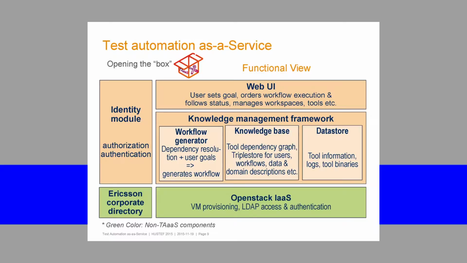Let us open the box a little bit. This TIS box, what components does it have? On the top we can see our web-based UI. This is the interface that the users and tool managers will meet with. Then the underlying big box, the knowledge management framework, is basically the heart of the whole system.